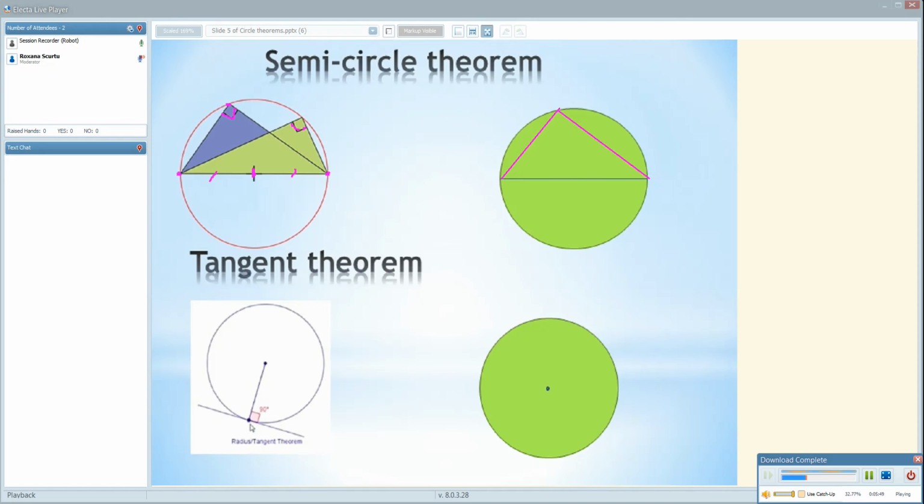So from here to here, that one's going to be 90 degrees. We have another one here, 90 degrees. We can have another one here, which is going to be 90 degrees too. So all of these are 90 degrees.